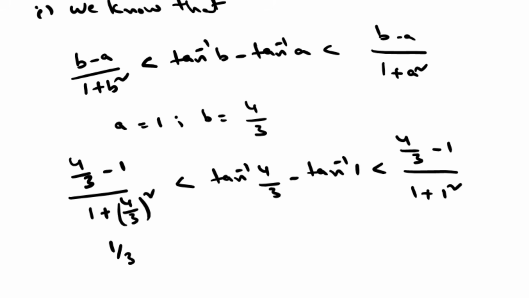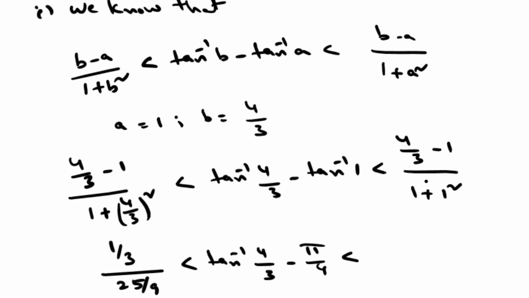It is 4 by 3 minus 1 is 1 by 3, by 25 by 9, is less than tan inverse 4 by 3. Tan inverse of 1 is pi by 4, less than 1 by 3 by 2.